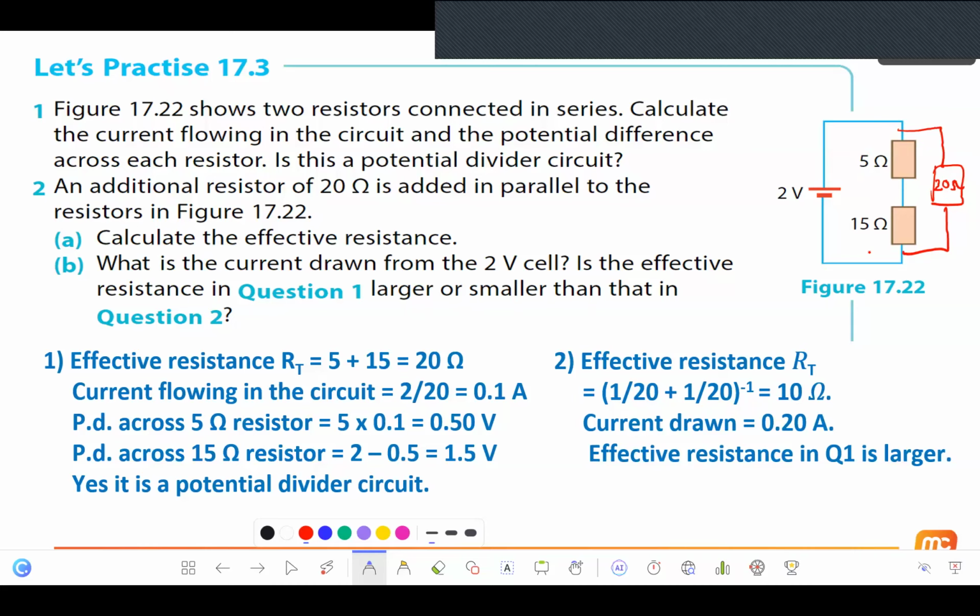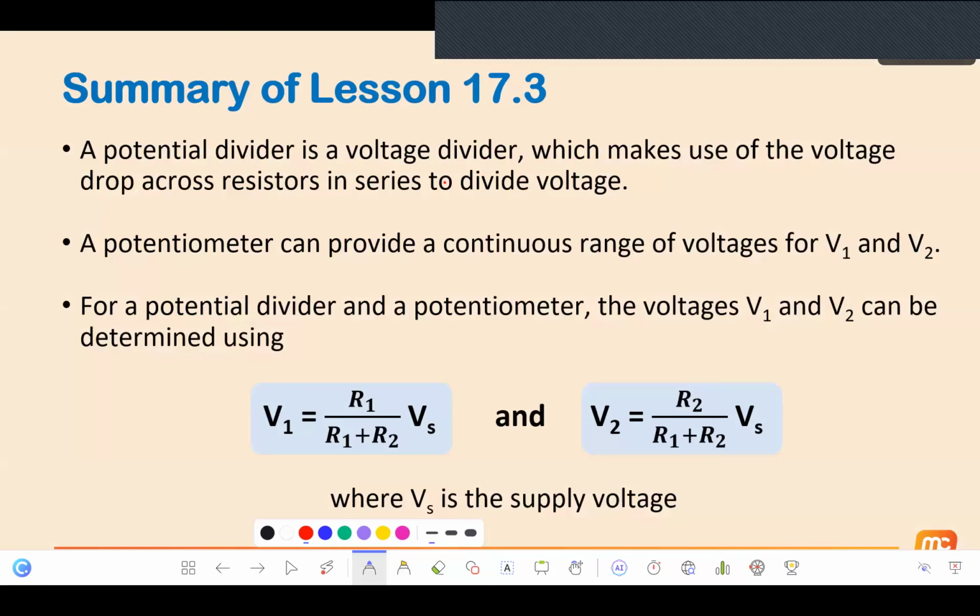Okay, next. A summary: a potential divider is a voltage divider. It makes use of the voltage drop across resistors to split up the voltage of the original source. A potentiometer can provide a continuous range of voltage for V1 and V2, because with a potentiometer you can vary the resistance across and you get different sets of V1 and V2.